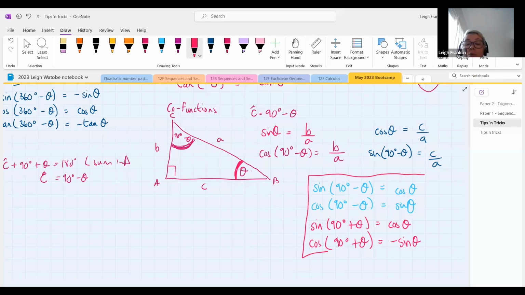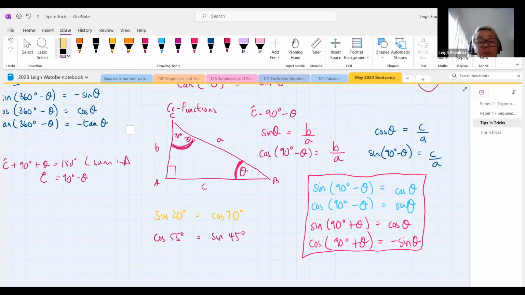Very important, they get asked a lot in matric, especially when it comes to numbers. For example, if you have the sine of 20 degrees, you must also think about it as the cos of 70 degrees. Or if they give you the cos of 55 degrees, you've got to think about it as the sine of 35 degrees, not 45.